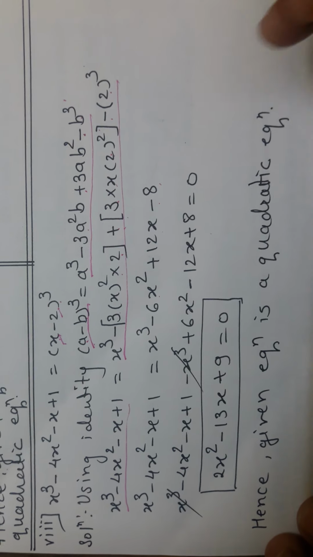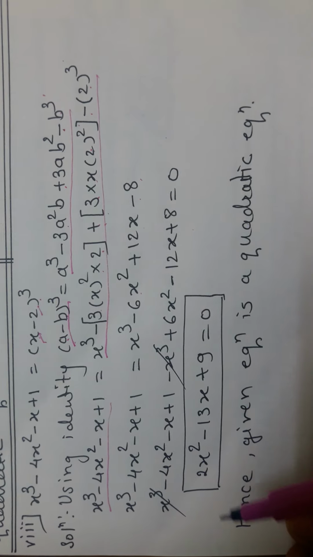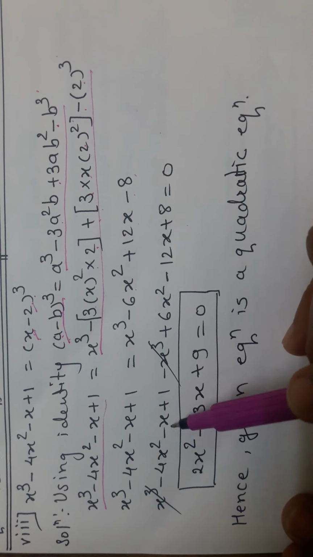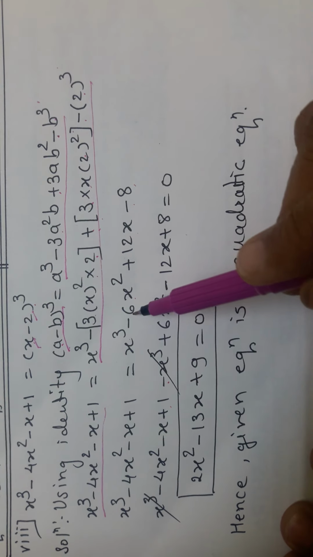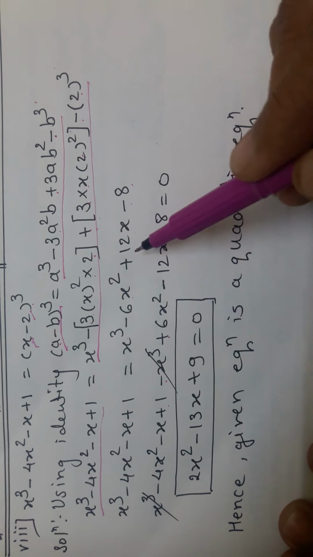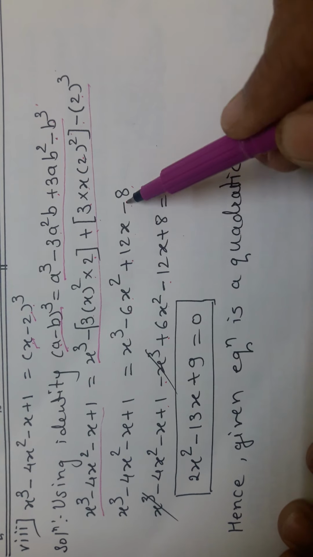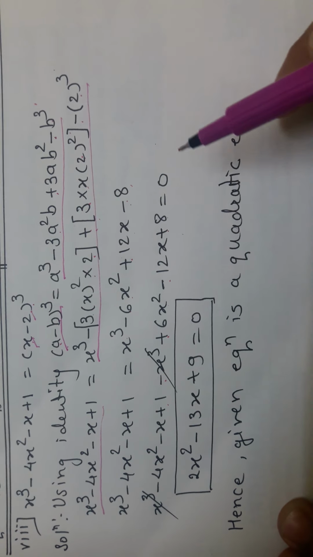Now whatever the term on the right hand side we will shift to the left, that is x cube minus 4x square minus x plus 1 as it is. This we will shift to left, then minus x cube, minus will become plus 6x square, plus will become minus 12x, and minus is a plus 8 is equal to 0.